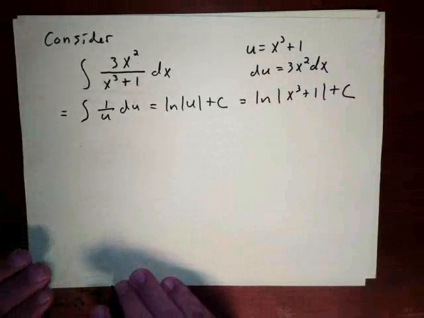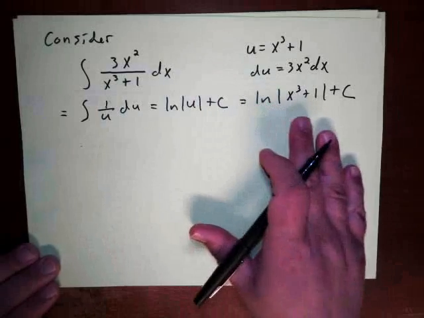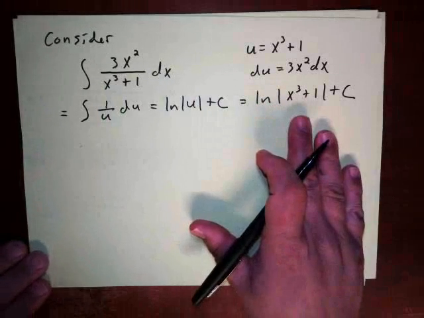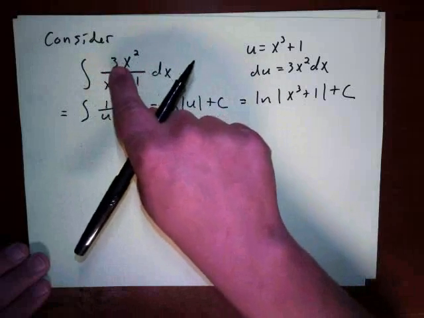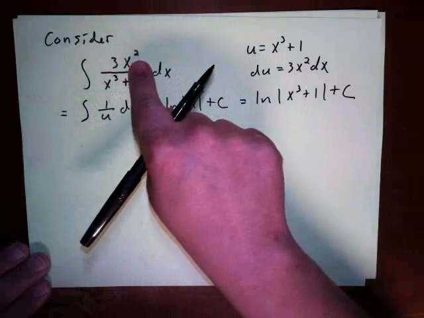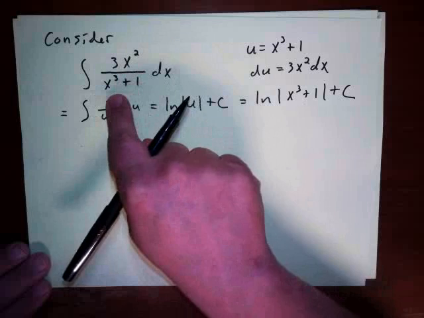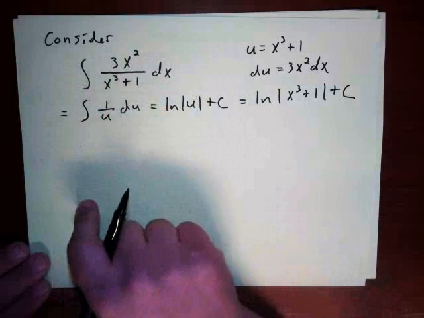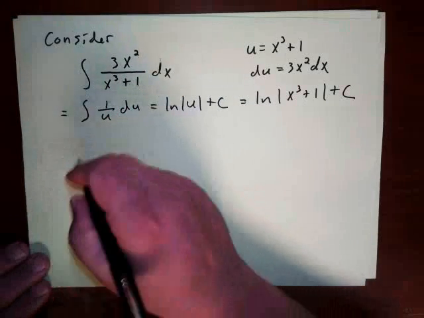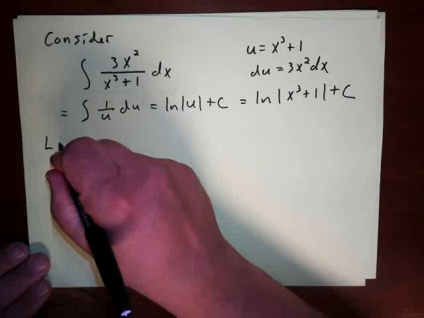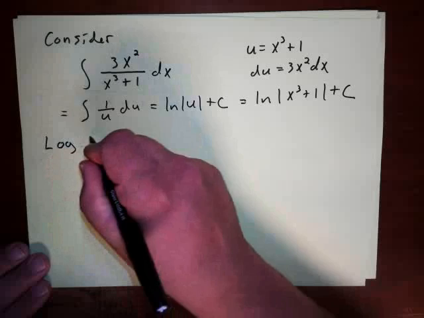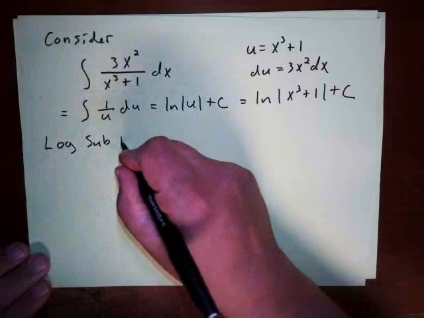Okay? What I want to do here is show you that there is kind of a general rule. What you see in this is that the numerator is the derivative of the denominator. And you could call this the log sub rule. I've never heard it called that.